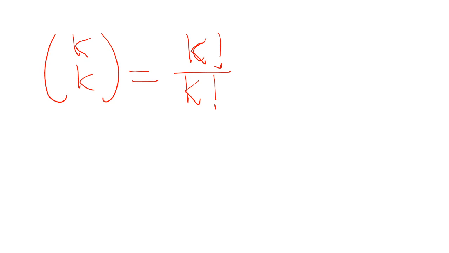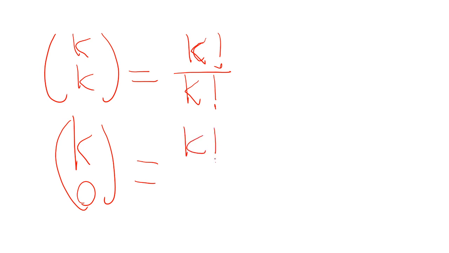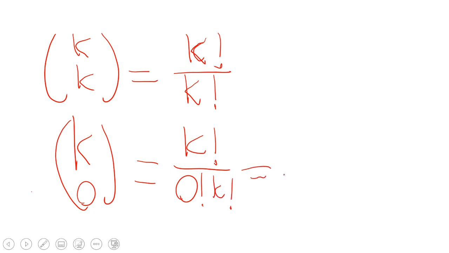Now, in terms of factorials, k choose 0 is just k factorial in the numerator, and 0 factorial times k factorial. That's how we write it in terms of factorials.